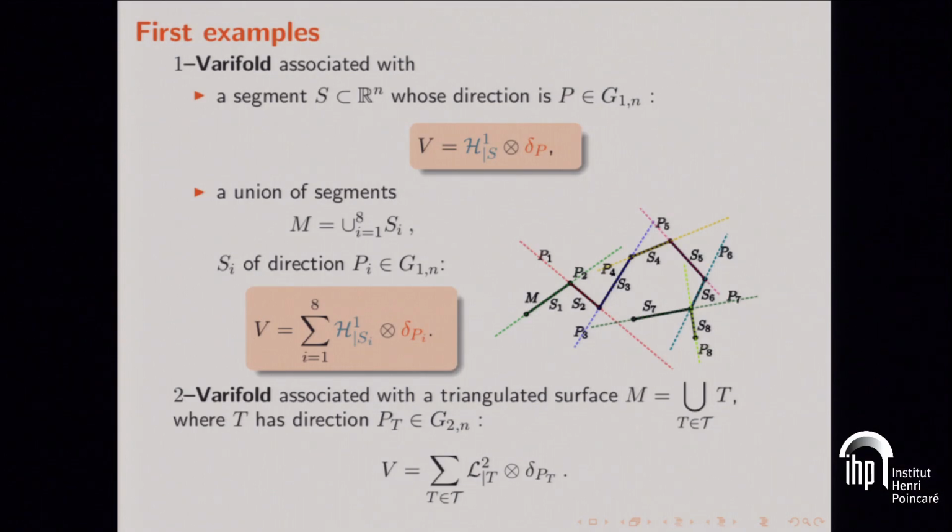So the measure you put on the Grassmannian is the same at any point of your segment or your line, and it's just a Dirac mass in the direction of the line. That's what this tensor product of measures means. Now, if I take a union of segments, I can just sum up measures of this type. Here, the notation H1 refers to Hausdorff measure, but you can really think of one-dimensional Lebesgue measure here.